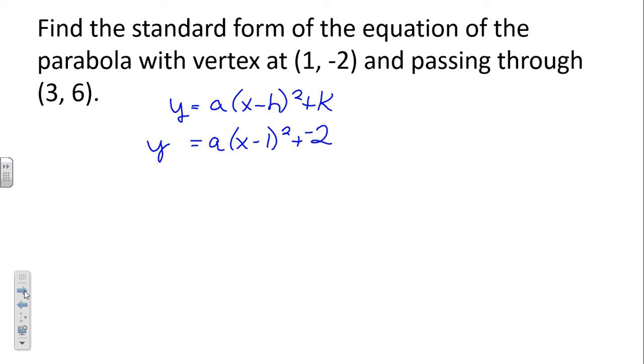Because it's stretching it vertically, and it flattens it if it is. So there's nothing wrong with thinking in that way. But do we have a, go ahead. Yeah, let's plug in 3 and 6, right? Because we have an x and a y, don't we? And all we're missing is this a. So we'll plug in this 6 for y. And the x is a 3.